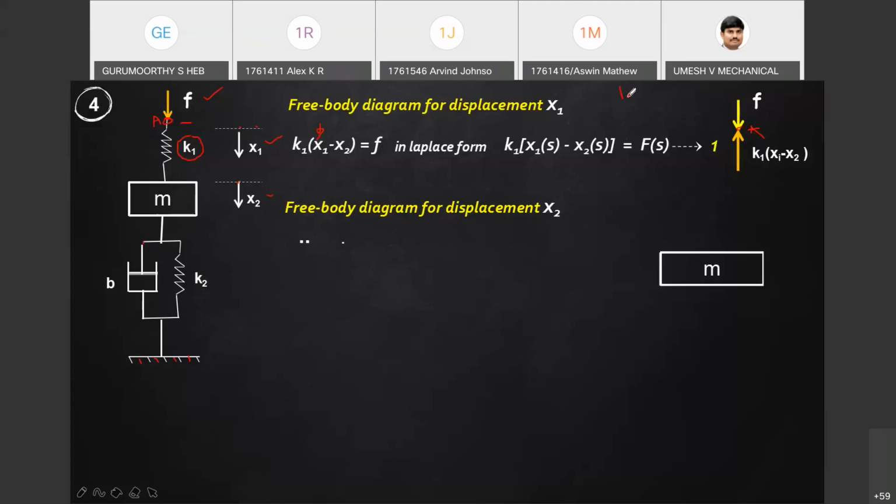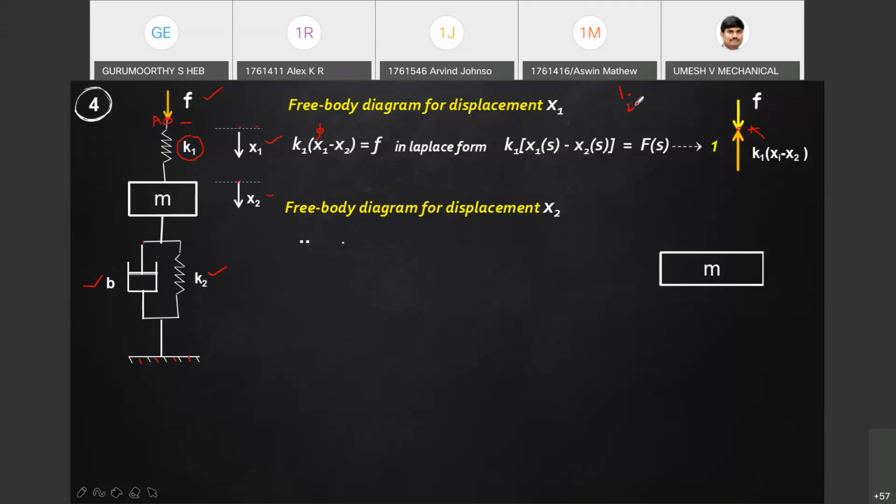Mass has the inertia force. The second one is the force applied on this mass directly, which you need not consider here. There is a force because of this spring, the force from the damper, and the inertia force.